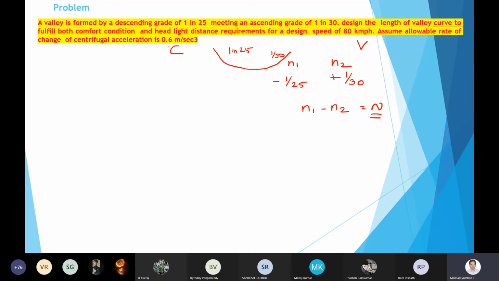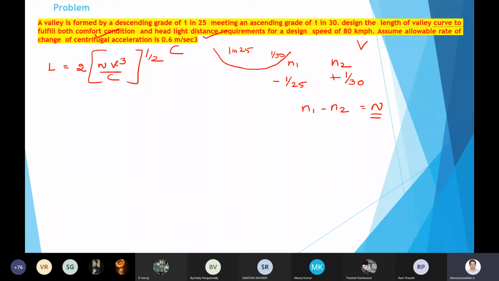Then they have specified two criteria: with respect to the comfort conditions, and with respect to the headlight distance, estimate both values. So for the comfort conditions, you have the equation L is equal to 2 into N into V cube divided by C, the whole to the power 1 by 2.